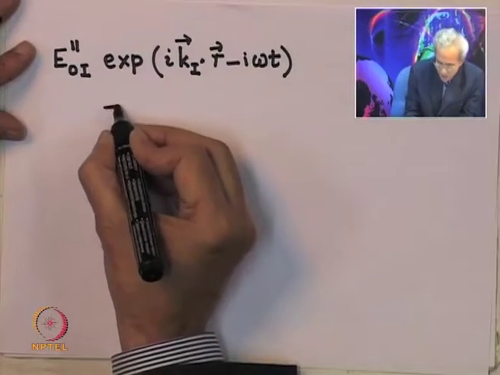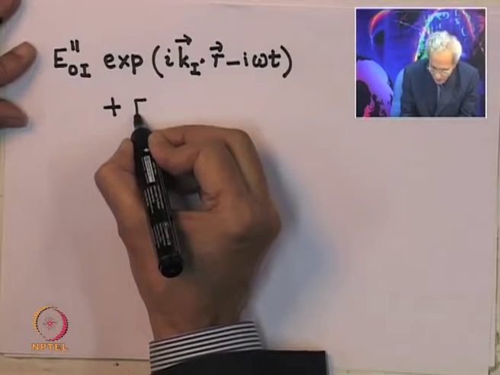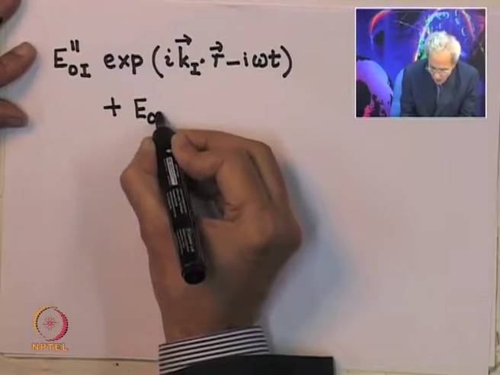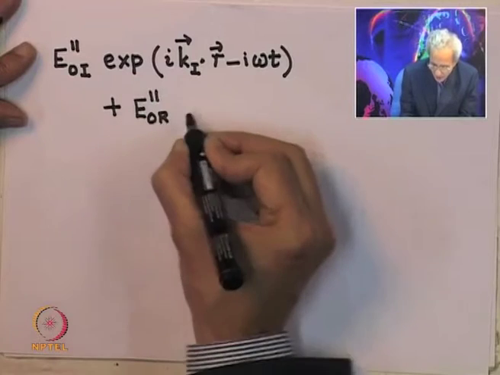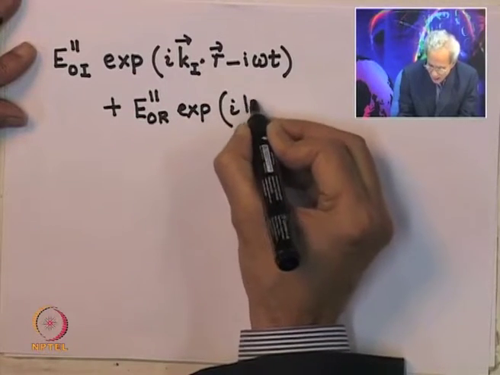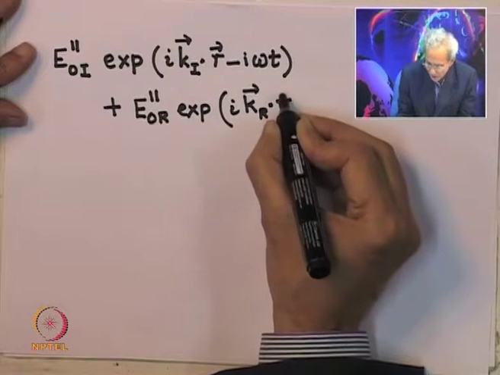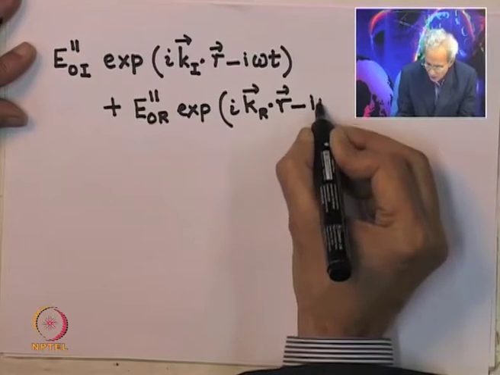This must be added to the reflected ray, because in the same medium I have got the reflected ray. So, I will write E 0 r parallel, again exponential of e to the power i k r, where k r is the propagation vector for the reflected ray, dot r minus i omega t.